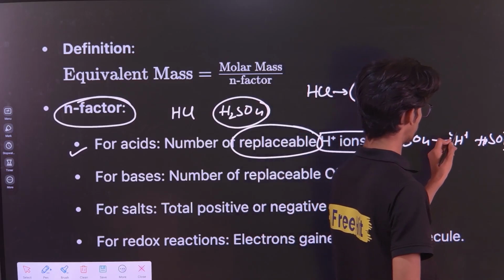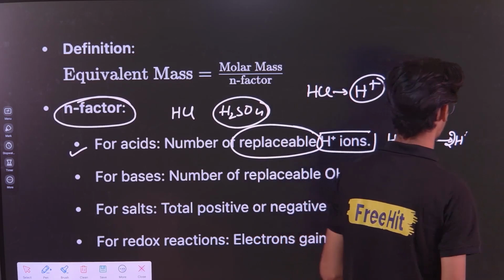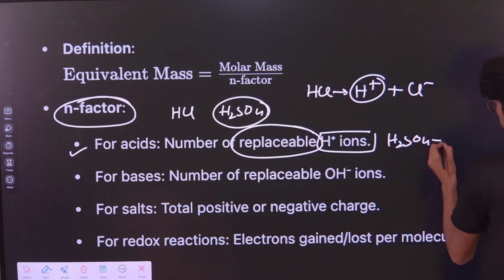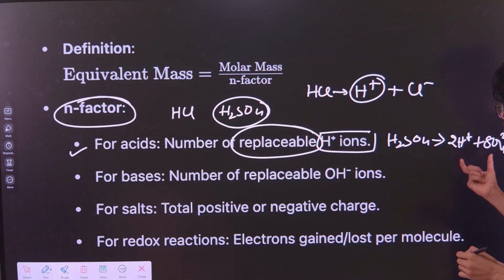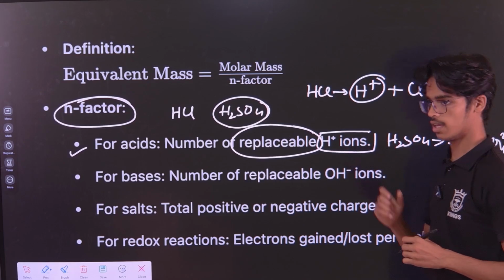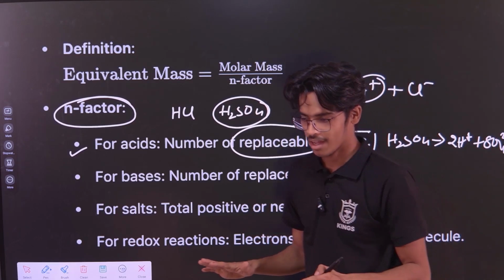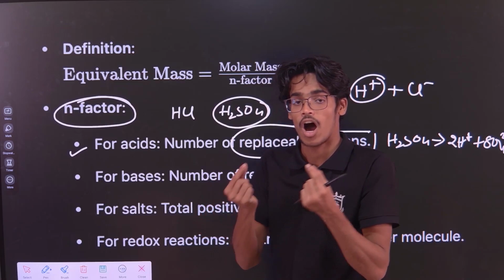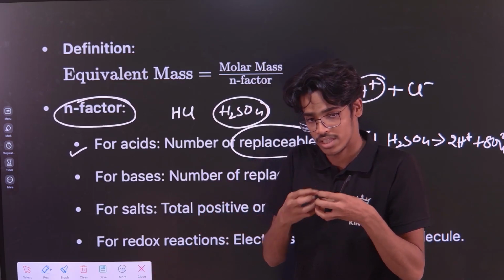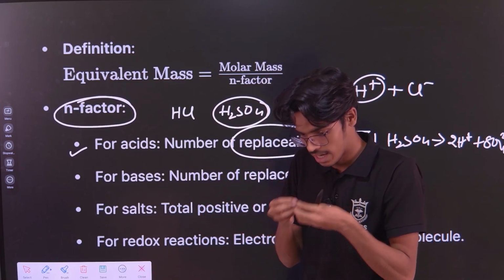But if it gives out 2 hydrogen ions, then the value of n is 2. It doesn't mean the number of hydrogen atoms in the compound. It means how many are going to dissociate while in the solution.